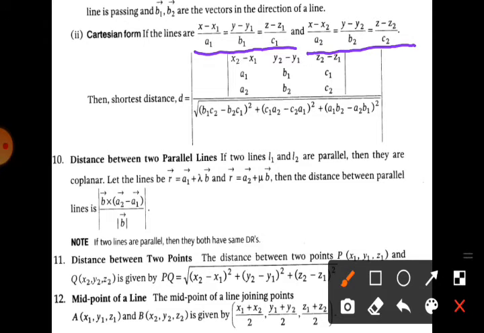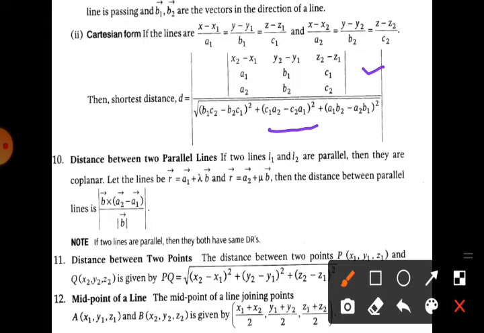The shortest distance d is equal to the determinant of x2 minus x1, y2 minus y1, z2 minus z1, a1 b1 c1, a2 b2 c2, divided by square root of b1 c2 minus b2 c1 whole square plus c1 a2 minus c2 a1 whole square plus a1 b2 minus a2 b1 the whole square.